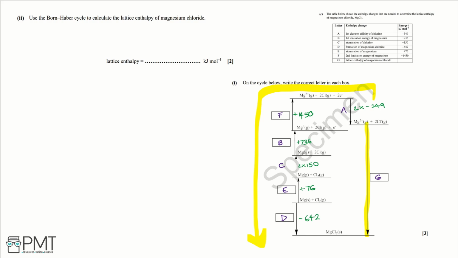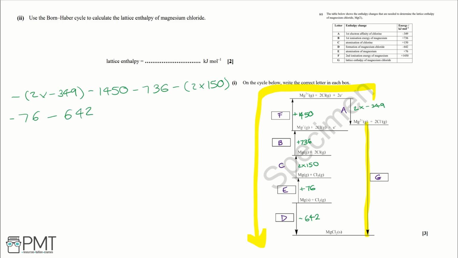So for example, we're going to have minus 2 times minus 349, minus 1450, minus 736, minus 2 times 150, and then minus 76, minus 642.